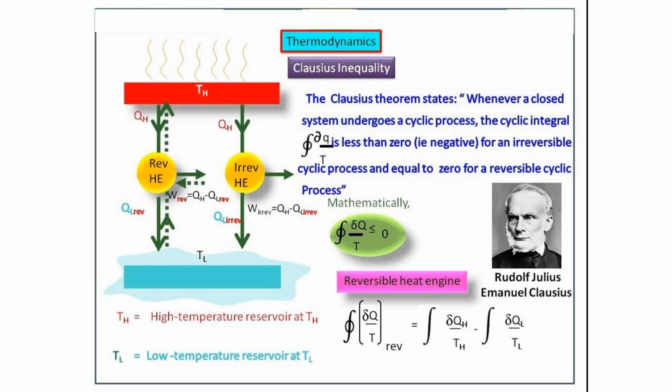So basically, there's the Clausius theorem that states whenever a closed system undergoes a cyclic process, the cyclic integral of dQ over T is less than 0 for an irreversible cycle and equal to 0 for a reversible cycle.